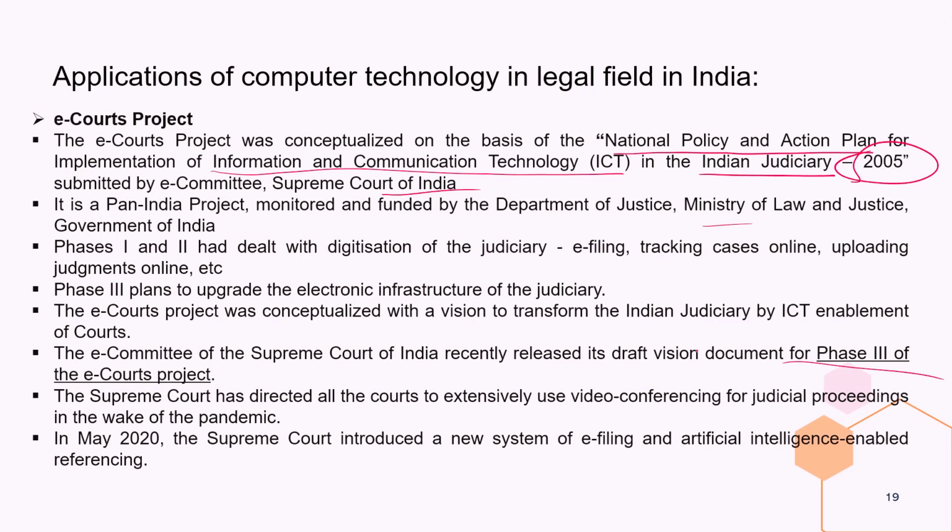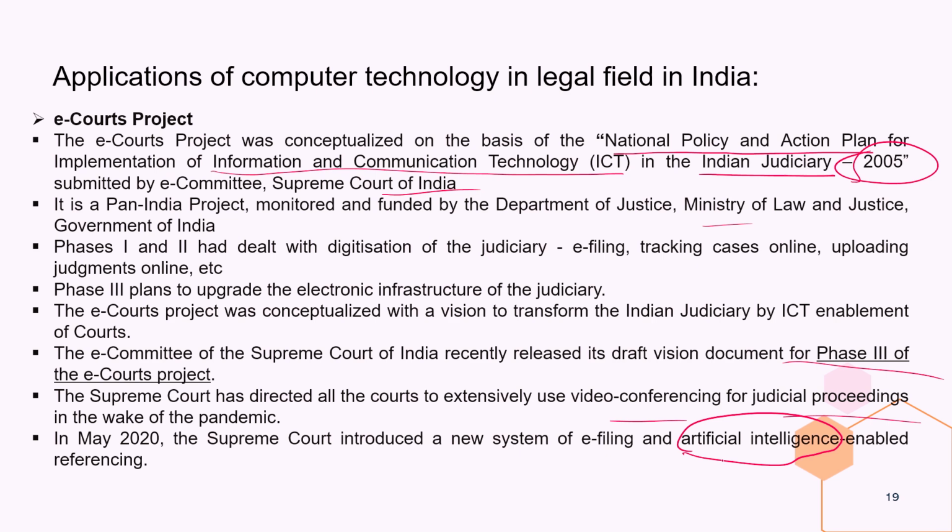The Supreme Court has directed all the courts to extensively use video conferencing for judicial proceedings in the wake of the pandemic, and in May 2020 the Supreme Court introduced a new system of e-filing and artificial intelligence enabled referencing. So we see that the Supreme Court in 2020 has introduced artificial intelligence enabled referencing, right.